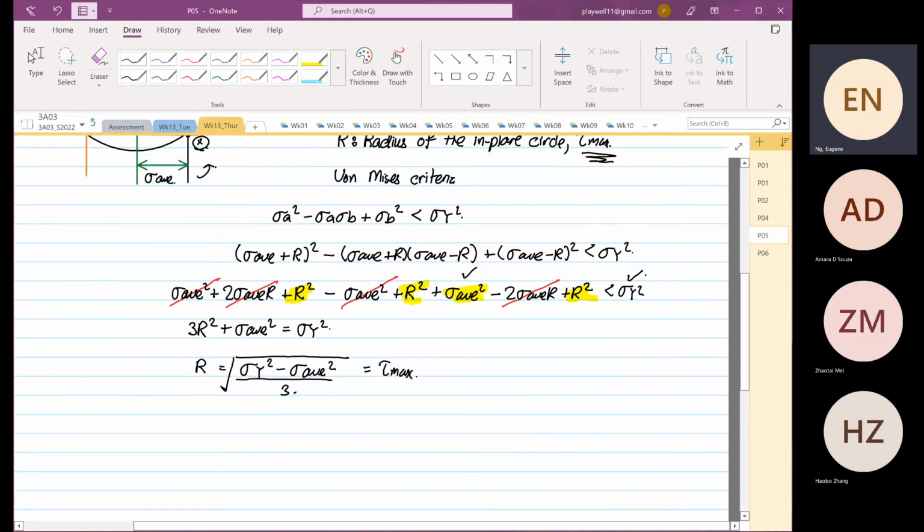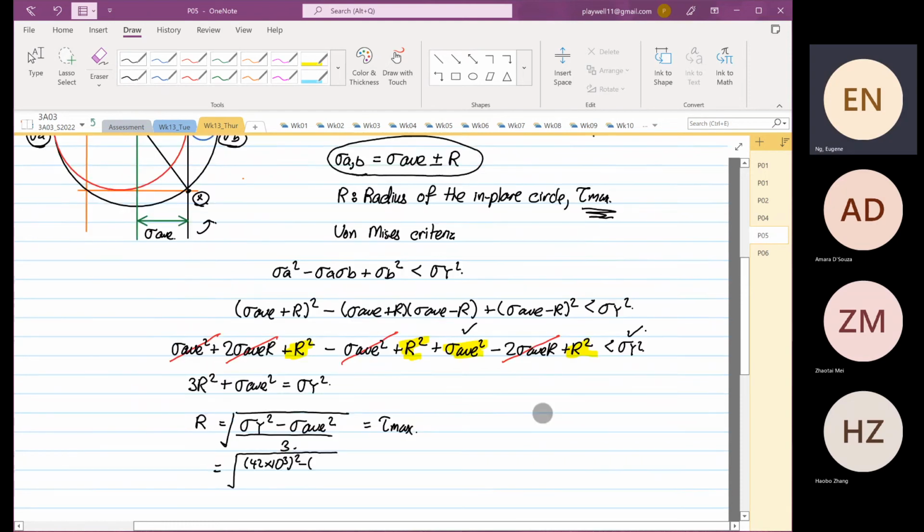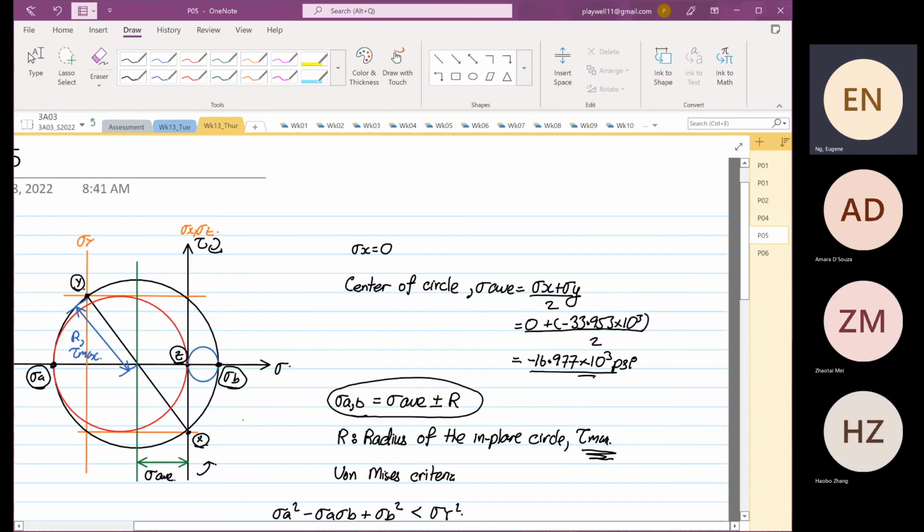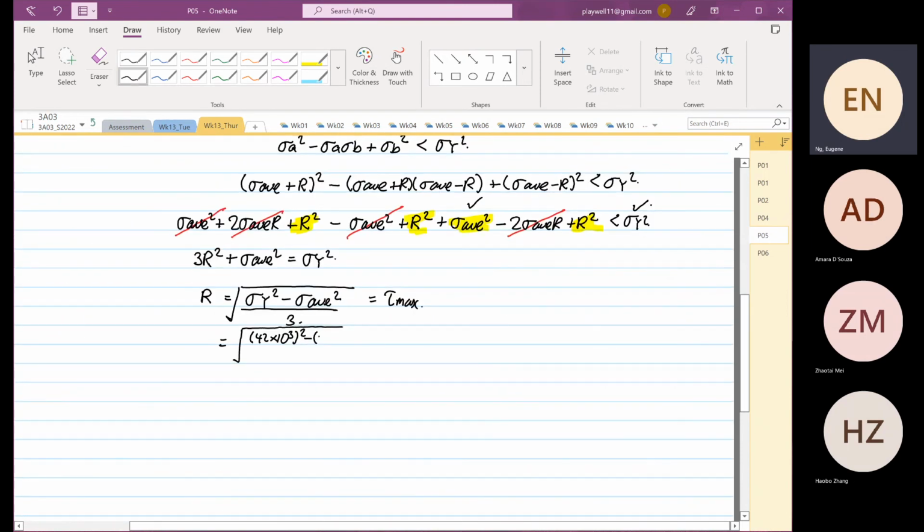So now all we need to do is put in the values. 42 times 10 to the power 3 squared minus our stress average. We found our stress average is minus 16.977, times 10 to the power 3 squared, and then the whole thing divided by 3, square root.